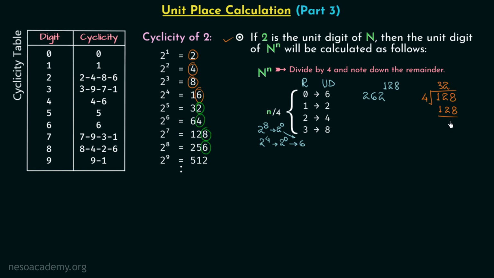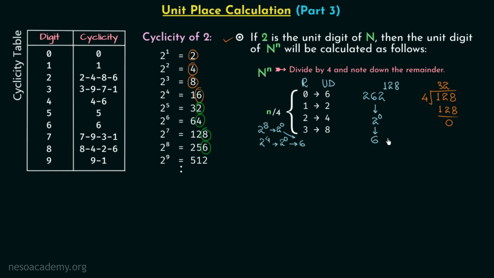So we are getting the remainder equal to 0. So we have our remainder equal to 0, and when the remainder is equal to 0, the unit digit is equal to 6. So this we can write as 2 power 0, and eventually we will have 6 at the unit place. So in this way we are done with our digit 2.